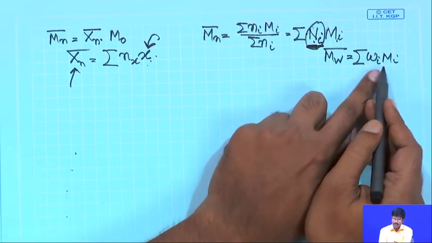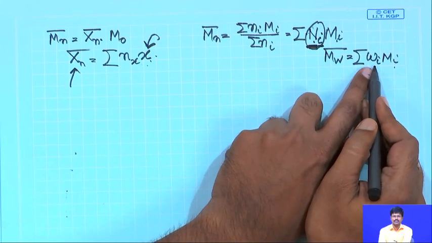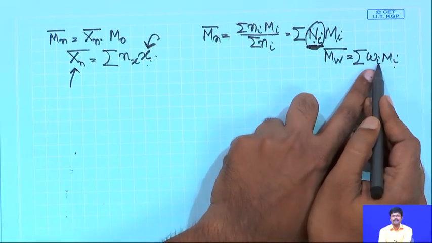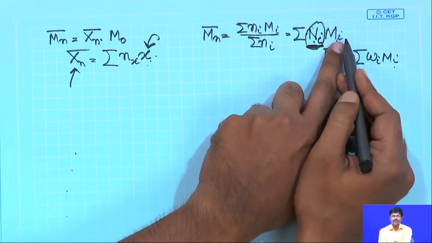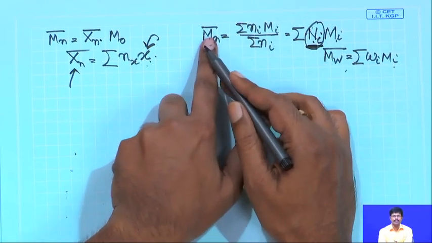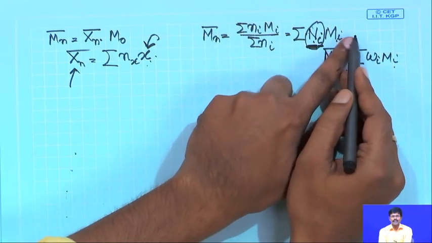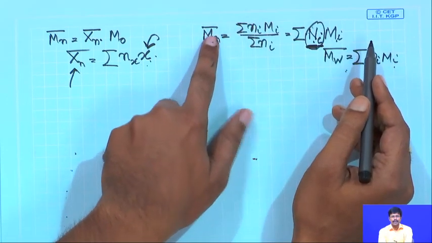So, you are weighing the molecular weights with weight fraction and that gives you the weight average. You are weighing the molecular weight with number fraction, that gives you the number average. So, you are weighing the molecular weight to get an average molecular weight.